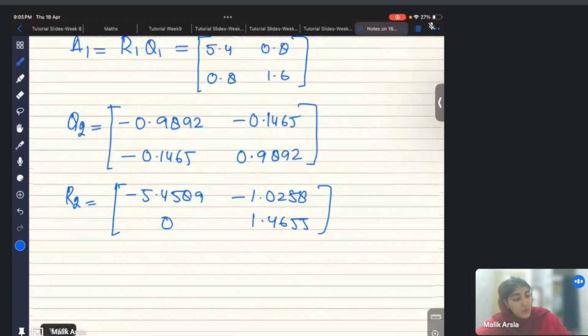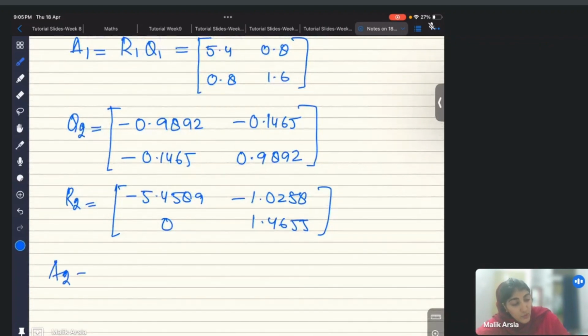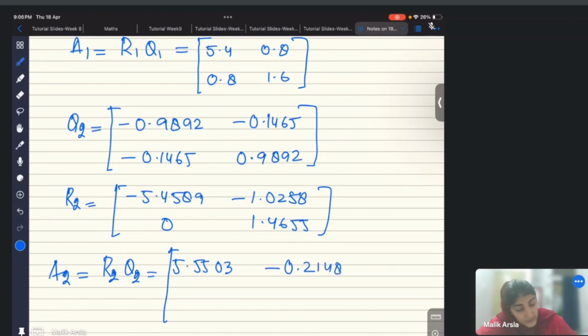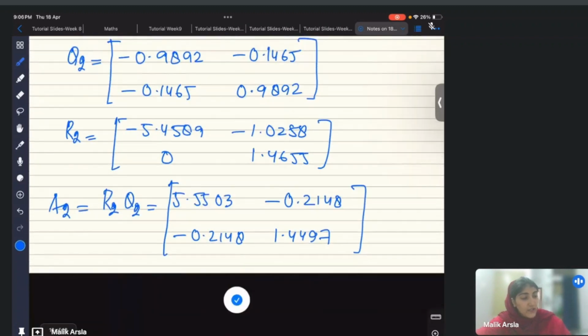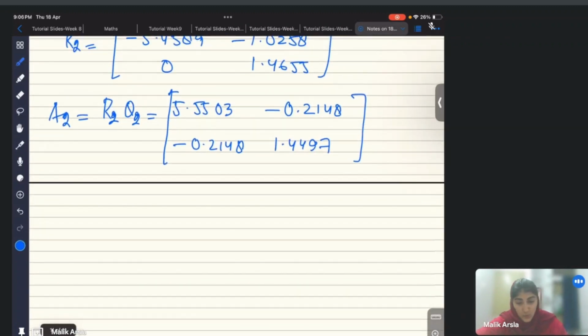Using this Q2 and R2, we find A2, which is R2 Q2, and when we multiply, we get 5.5503, minus 0.2148, minus 0.2148 and 1.4497. You can clearly see that the non-diagonal entries are tending towards 0, and that is how QR decomposition works.